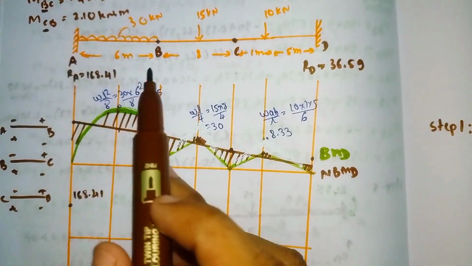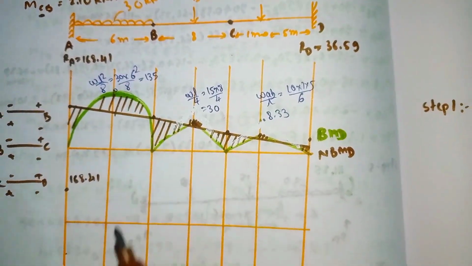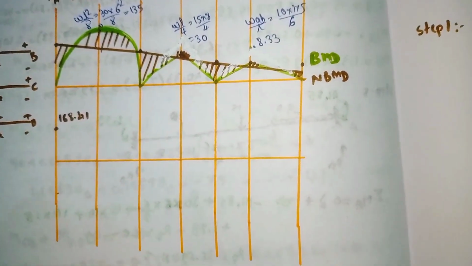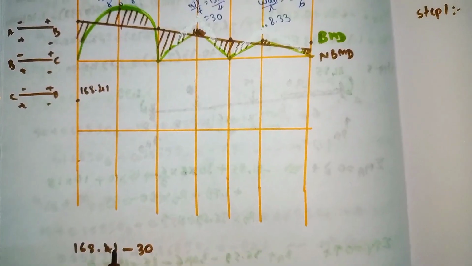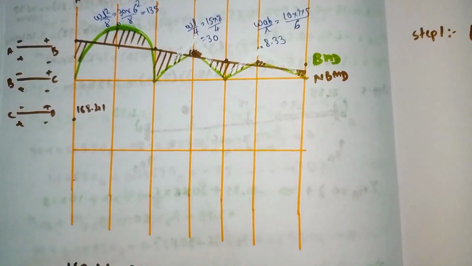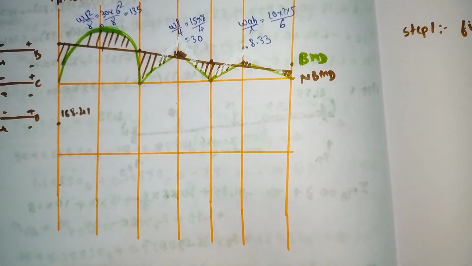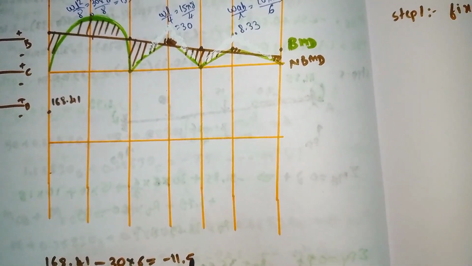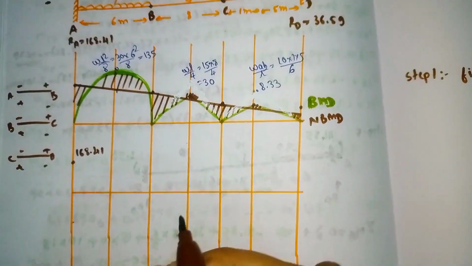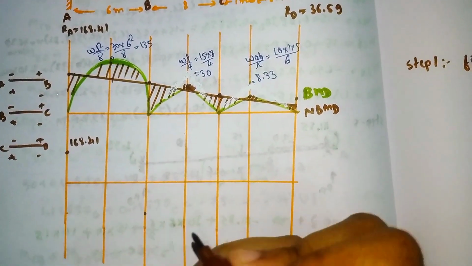Here the beam is carrying the UDL of 30 kilonewton. For that, we do 168.41 minus the UDL, 30 into distance 6, so it will come out as minus 11.59. So minus 11.59 means at point B it comes here.